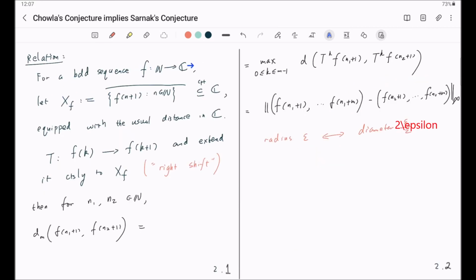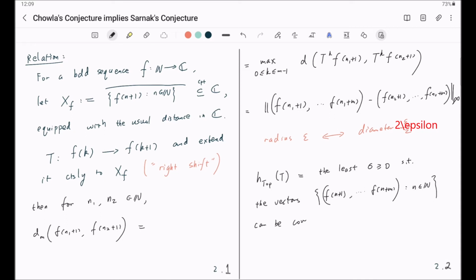So for a bounded sequence f, if we consider this space and this transformation, the topological entropy for this topological dynamical system is precisely the least sigma such that the vectors can be covered by this many balls of radius epsilon.